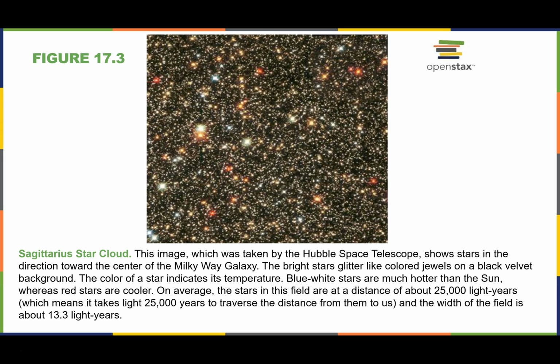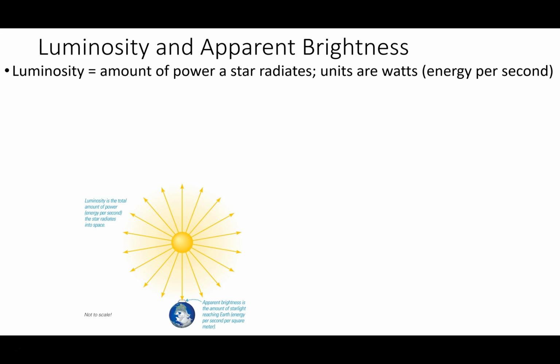Actually, when we were out for a lab, we looked at the constellation Sagittarius. That has the teapot, remember? It's kind of the archer. So you're not going to see all these stars. But in this field, you can see different colors and different intensities. And we'll talk more about those colors and intensities as we go on.